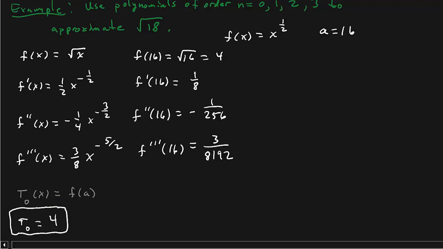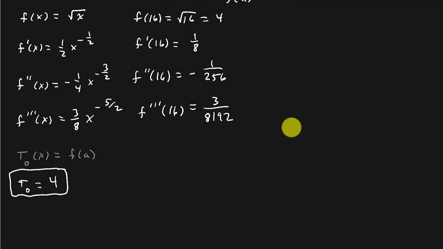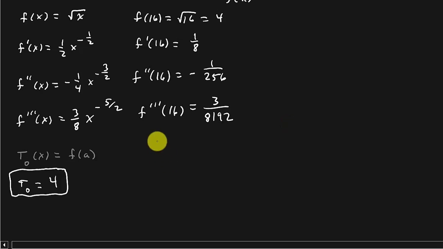Now, let's find t1. t1 of x is equal to f of a plus f prime of a times x minus a.